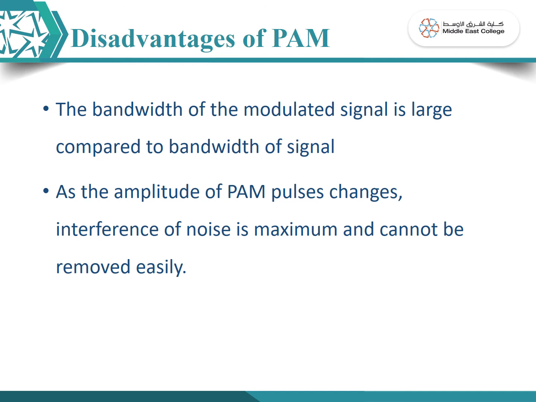So with noise the amplitude goes low, or with noise the amplitude of the pulses becomes high, and the output modulated signal pulse becomes high. So you cannot reconstruct the original signal back. That means it is more prone to noise. So pulse amplitude modulation will have more noise interference compared to other analog pulse modulation schemes.